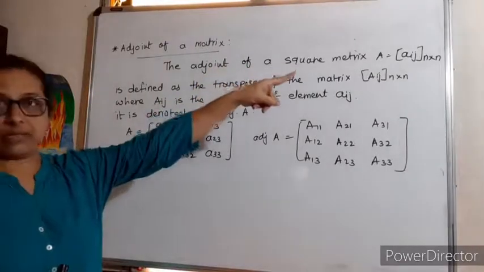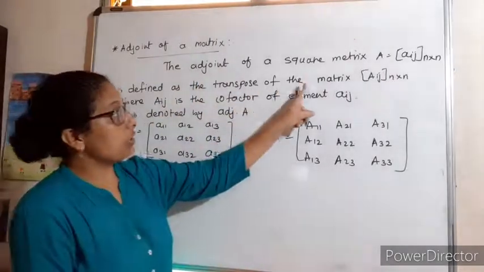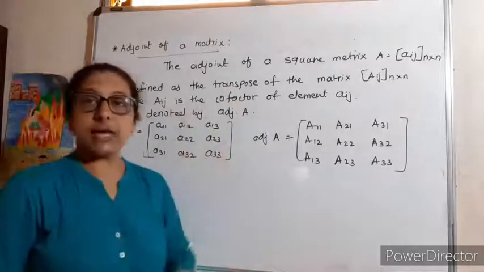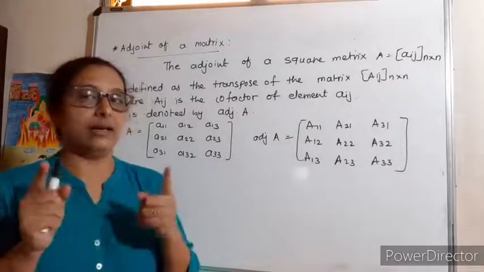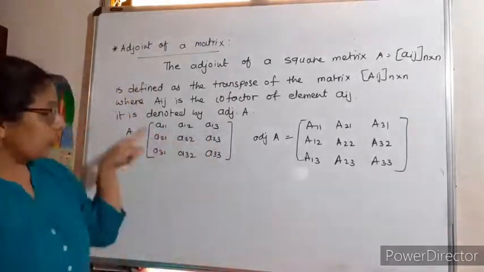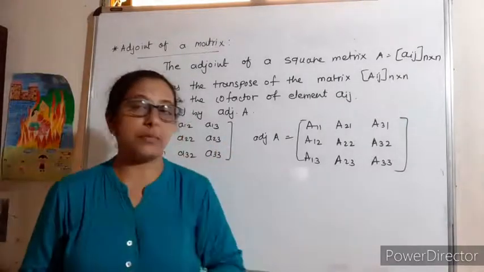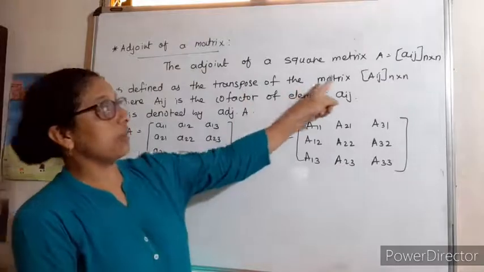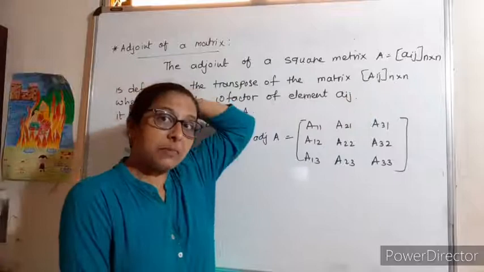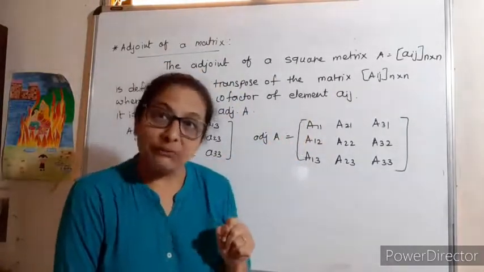So, that is how the given matrix is defined. Now, adjoint of that matrix is defined as the transpose of the matrix. You know transpose? Recall the matrix. Transpose, how to find it? Yes, that is rows and columns interchange. If we write the rows column wise, then it will give us the transpose of the matrix. So here, transpose of the matrix, here Aij. You know, capital A we saw in the last lecture, that capital A is used for cofactors.